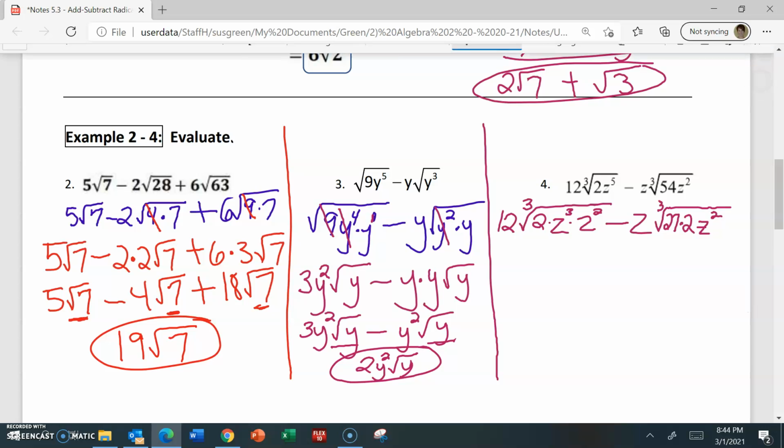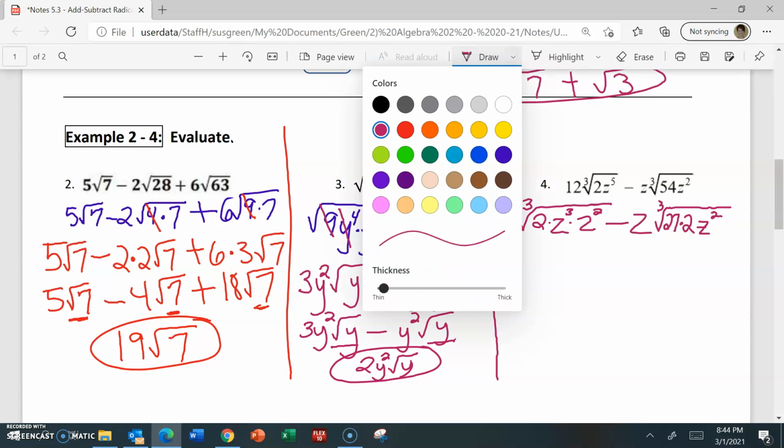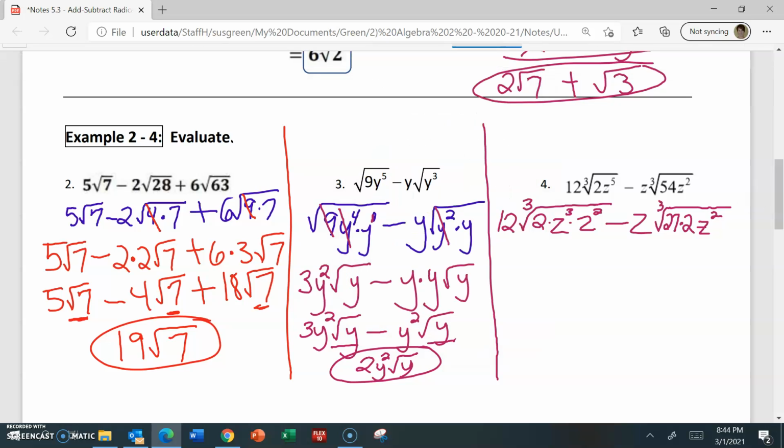So once again, now we go to work, and we see what it is that we can simplify out. So we have this 12 sitting in front. We can't take the cube root of 2, so I'm going to bypass that for a minute. The cube root of z to the third is z. Can't take the cube root of z squared. So underneath this cube root symbol, we still have a 2 and a z squared. Over here, I have the z out front.